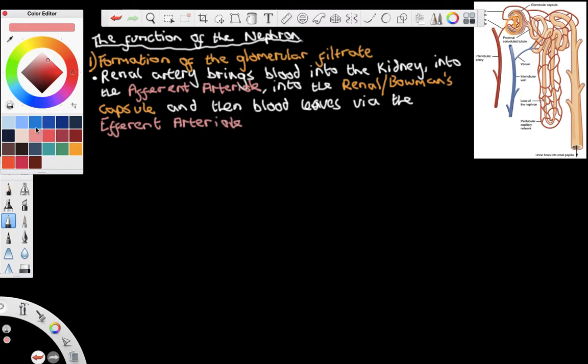So what I'm trying to say here is that we have the renal artery, then we have the afferent arteriole, then we have the renal capsule or Bowman's capsule, and then we have the efferent arteriole.